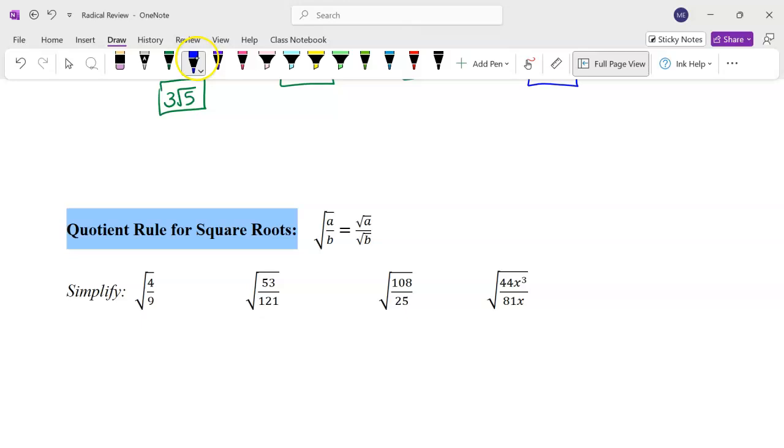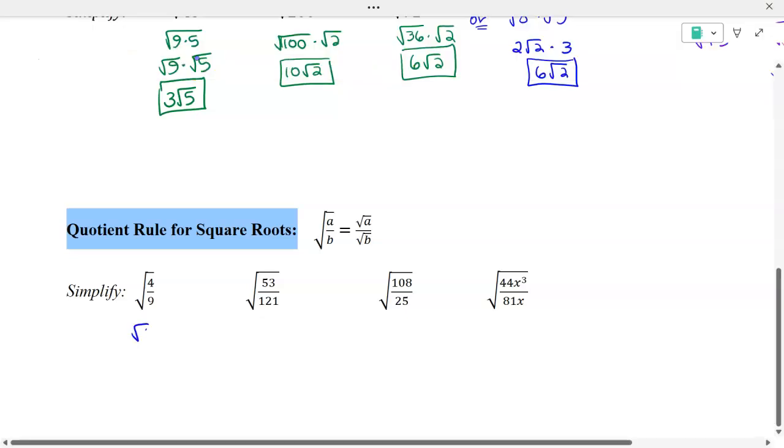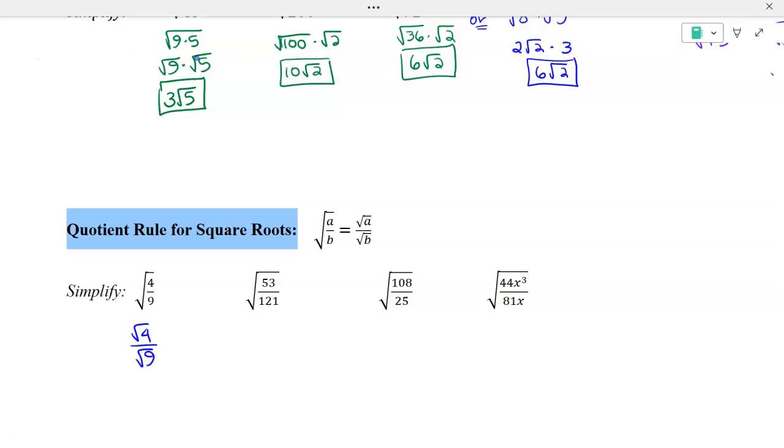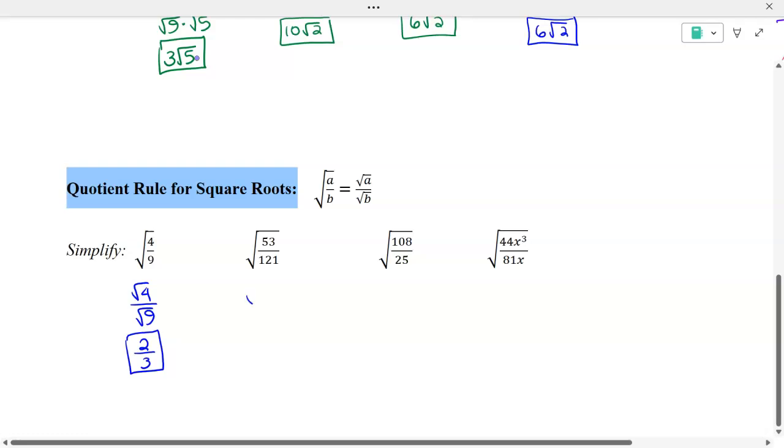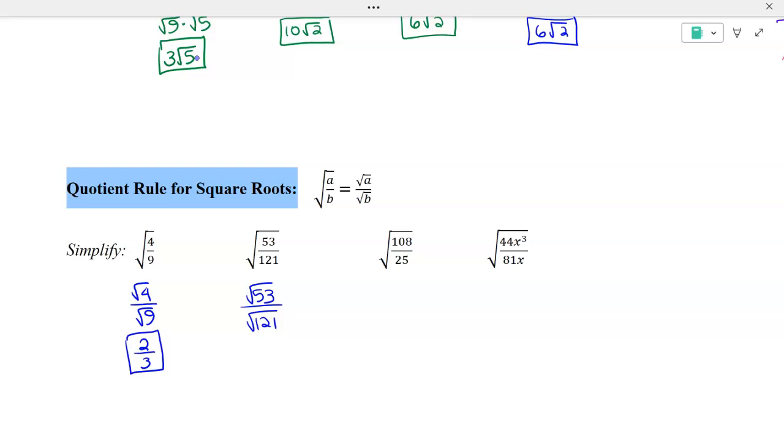You can split this up into the square root of 4 over the square root of 9, which is going to easily simplify since both of those are perfect squares. It'll simplify to 2/3. Now here, if we have the square root of 53 over the square root of 121, hopefully you recognize that 121 is a perfect square of 11.